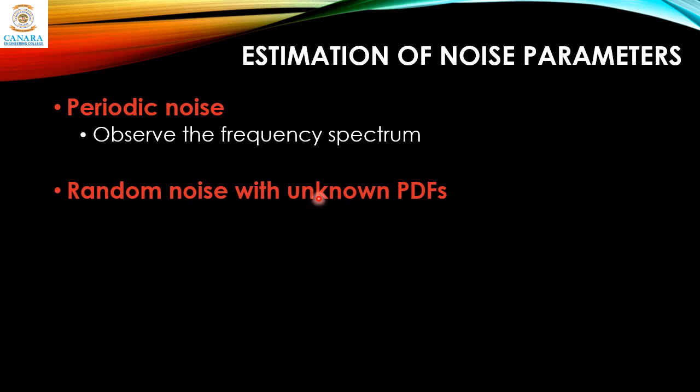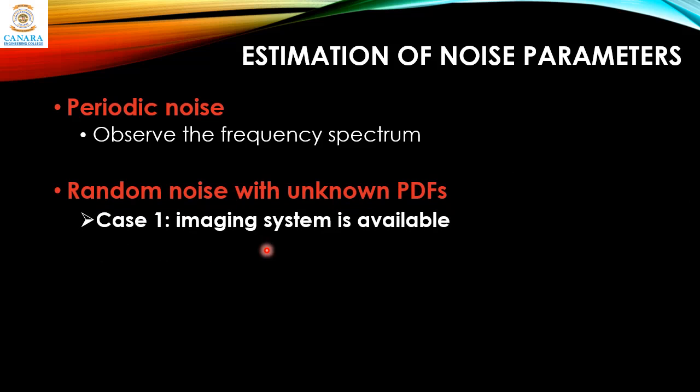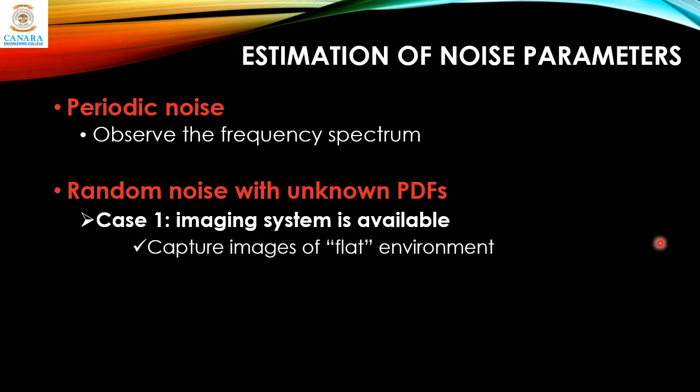And in the second case, if it is a random noise with unknown PDFs, then if we have the imaging system available, that means the case one, then what we can do is capture images of a flat environment. Flat means a region of equal intensity. There is absolutely no variation within that area, and we capture that particular part using the imaging system.